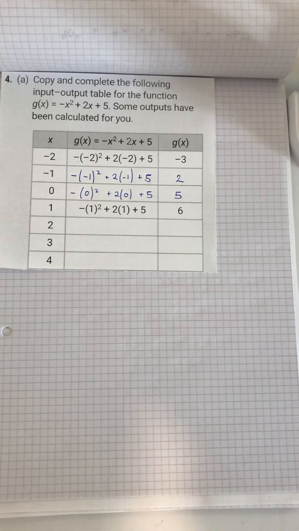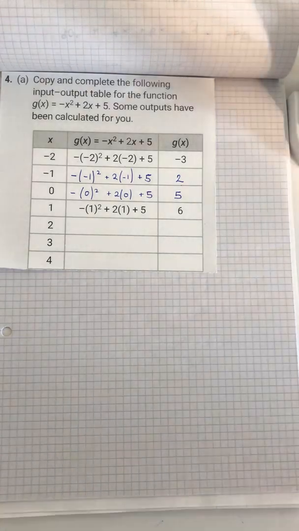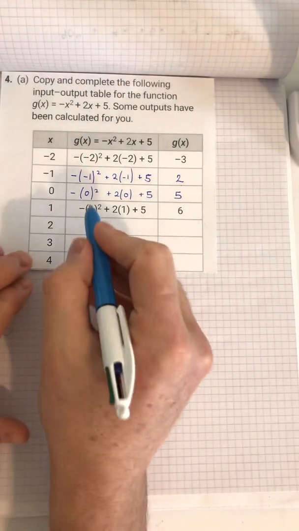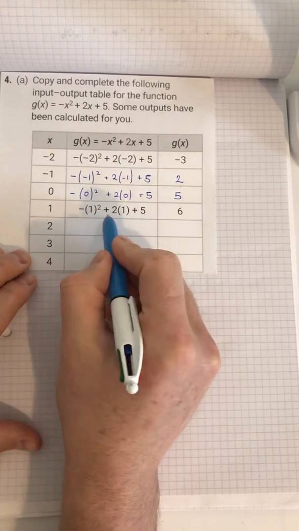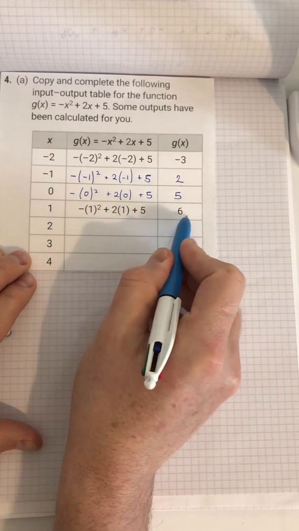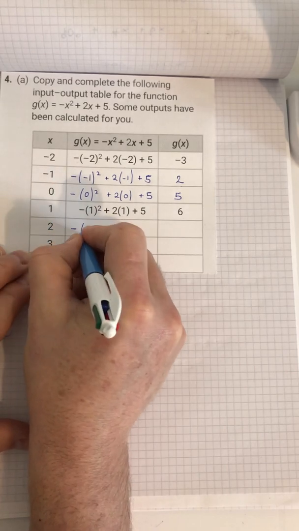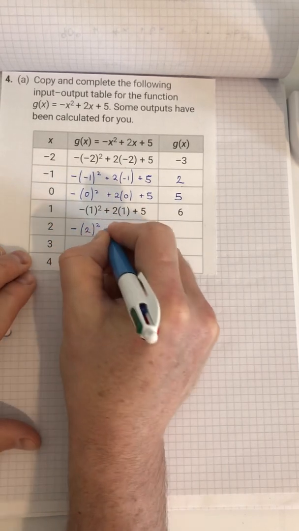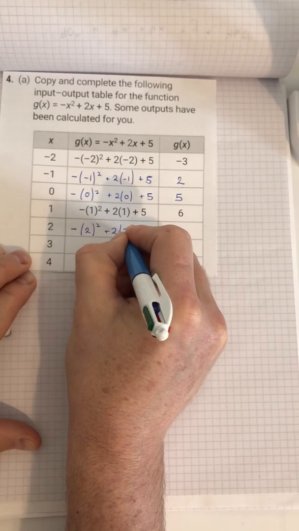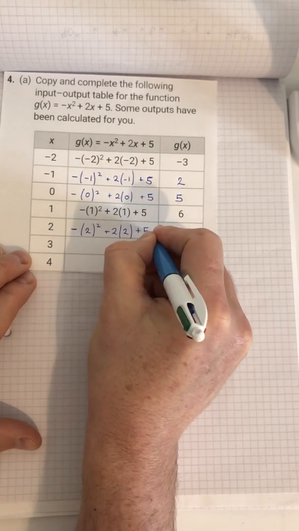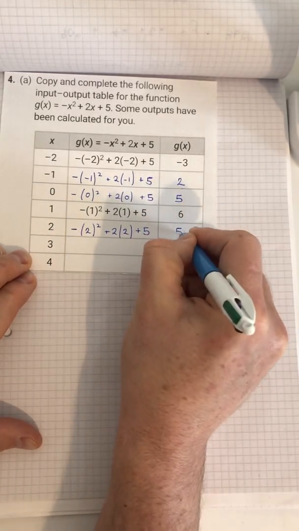The next one, when x is 1, minus 1 squared plus 2 times 1 plus 5 gives us 6. When x is 2, minus 2 squared plus 2 times 2 plus 5 gives us 5.